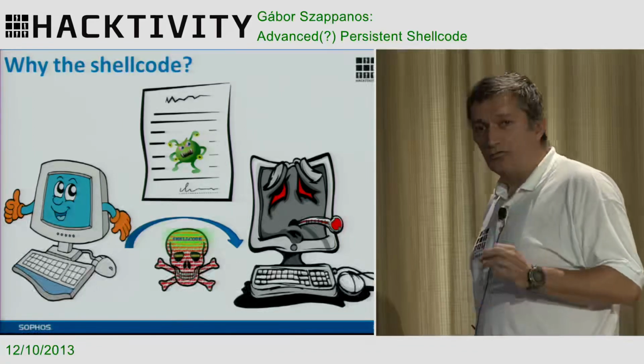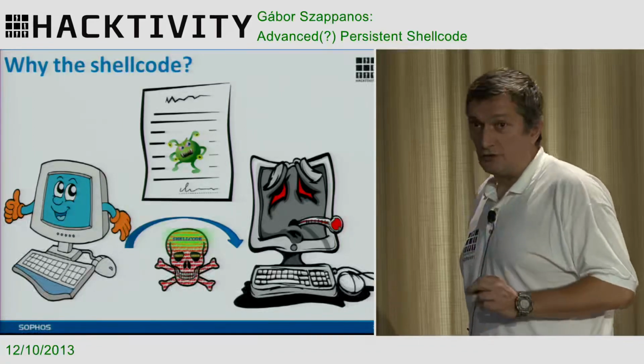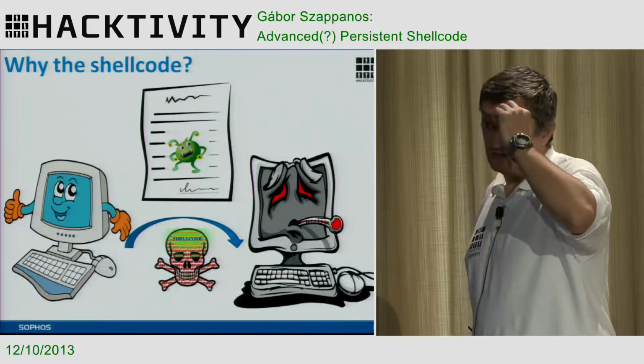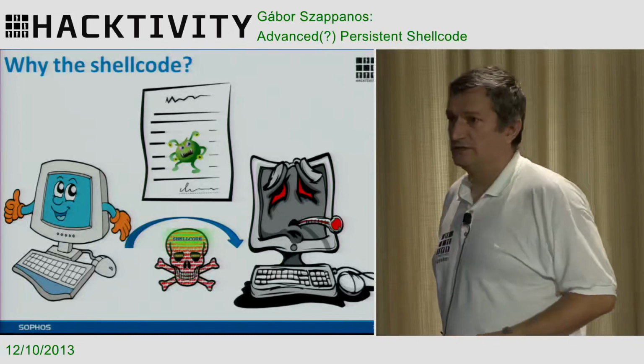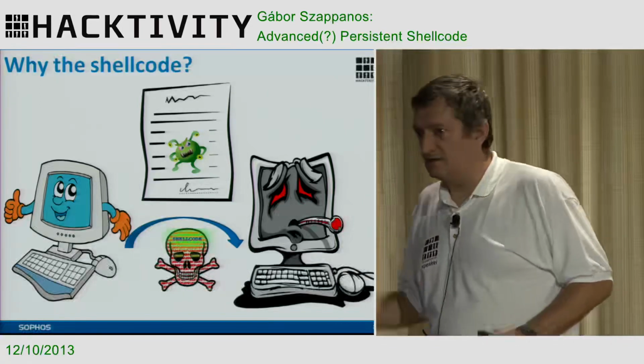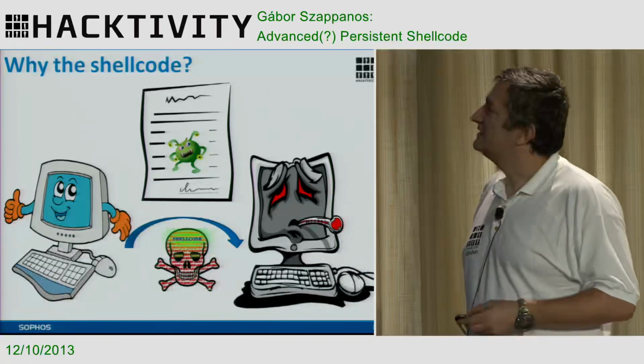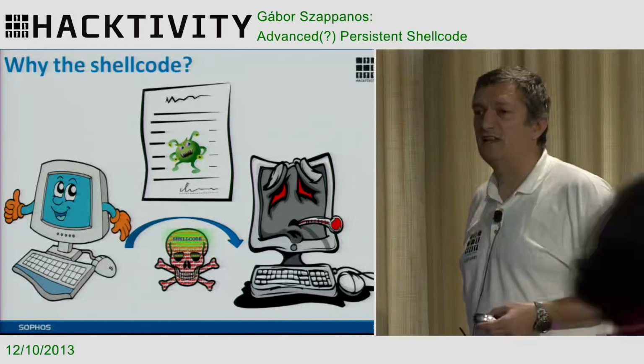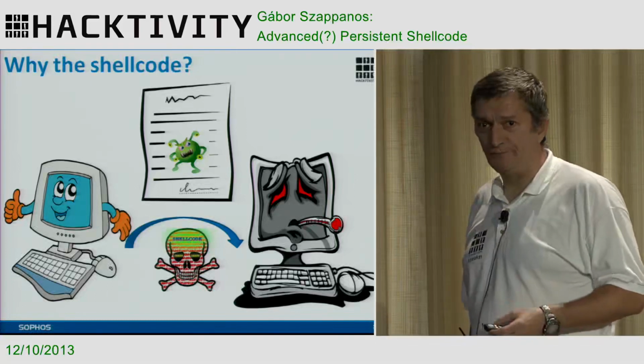So the shellcode is a critical, crucial component of a targeted attack, which takes over the computer. But fear not, this silly graphics is not the direction this presentation is going.